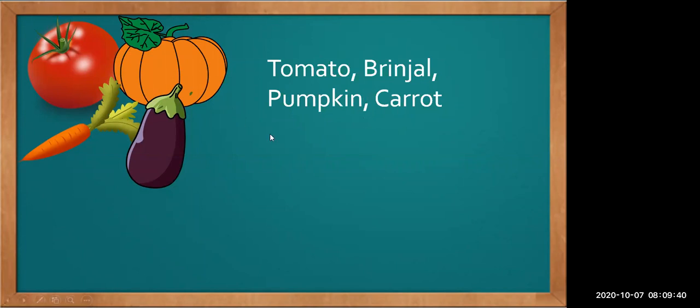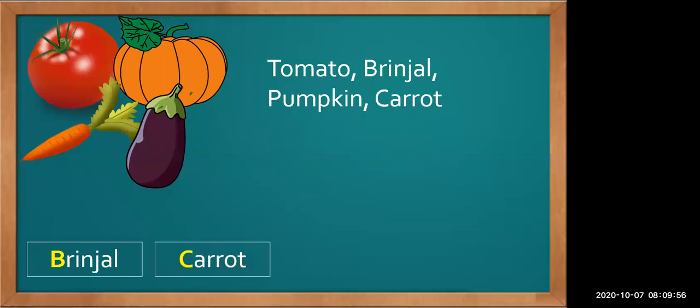So what is your first word? According to the first letter, your first letter is B for brinjal. Very good, children. After B, which alphabet comes? C. So what is your next word? C for carrot. After that, from these two words, tomato and pumpkin, which word will come first, children? Whether it is P for pumpkin or T for tomato?